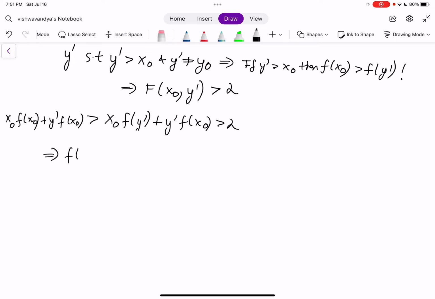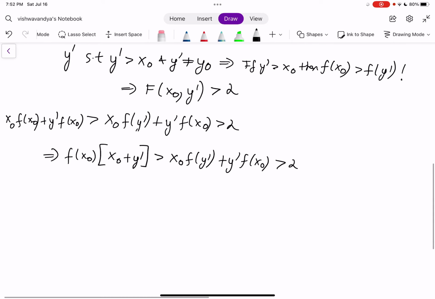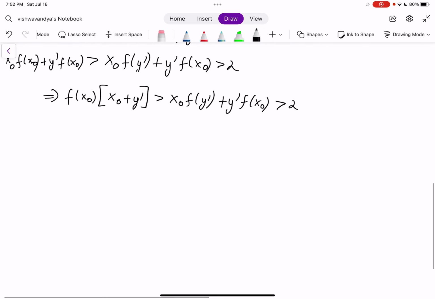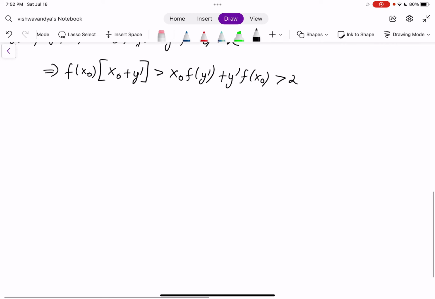So we have that f of x naught times x naught plus y prime is greater than x naught f of y prime plus y prime f of x naught, which is greater than 2. Now since y prime is arbitrary, I can make it as close to x naught as I want.